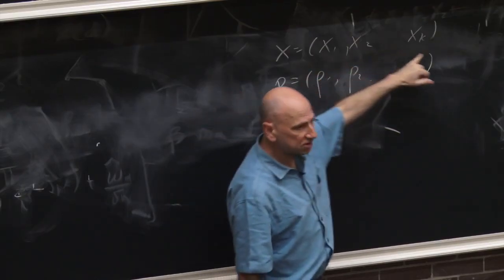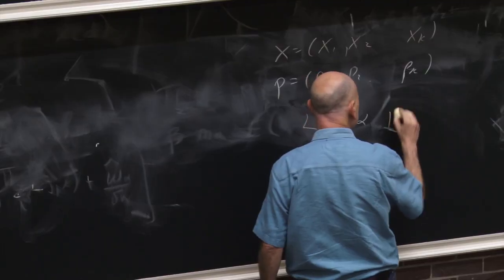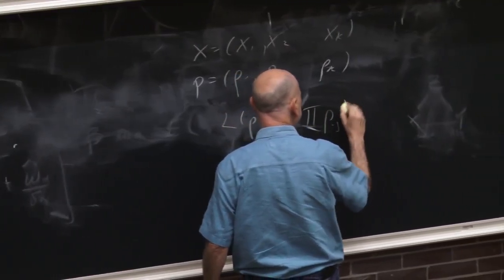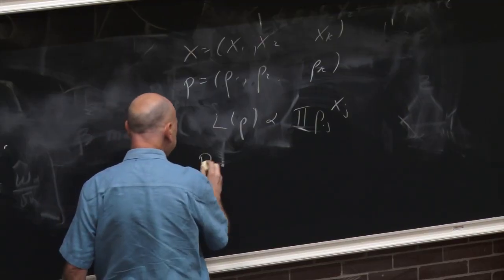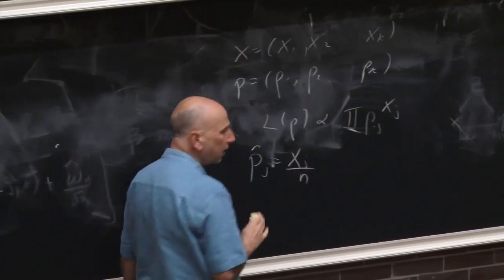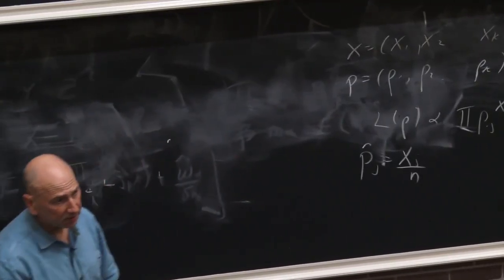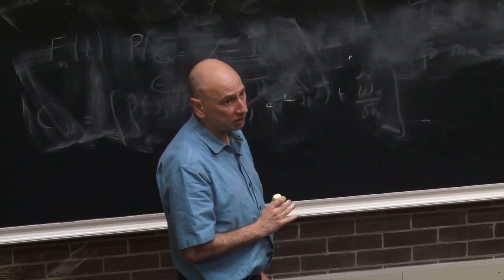And these are just the counts, and the likelihood function is just the product of pj to the xj. That's how we usually think of multinomials. And we know what the MLE is. The MLE of pj, pj hat, is just xj over n. Very simple.